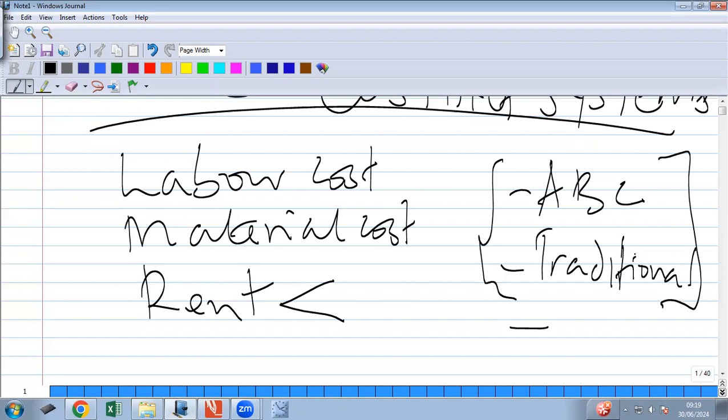Mostly, the traditional one is where the organization is labor intensive, but in ABC, technology has grown. Sometimes they phase out employees because machines have come up, they can produce in large quantities, or a variety of different products.